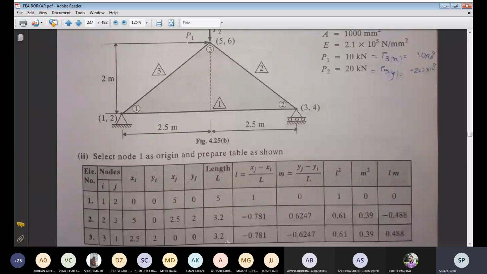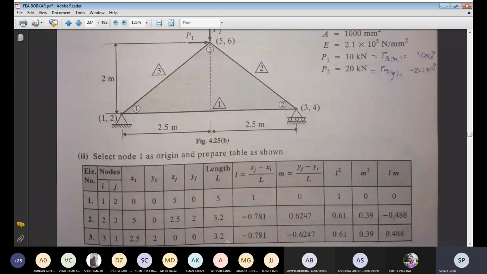After that, the table headings are element, the nodes, that is the first node and the second node. Then we have xi, yi, xj, yj, and the length L. Then we calculate small l as xj minus xi upon L, m is equal to yj minus yi upon L, and then whatever values we get for l and m, we calculate l square, m square, and lm.